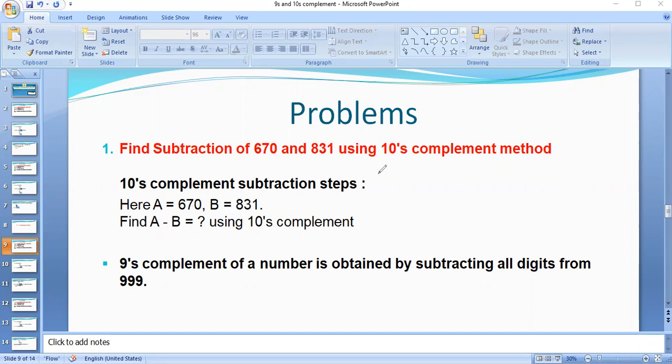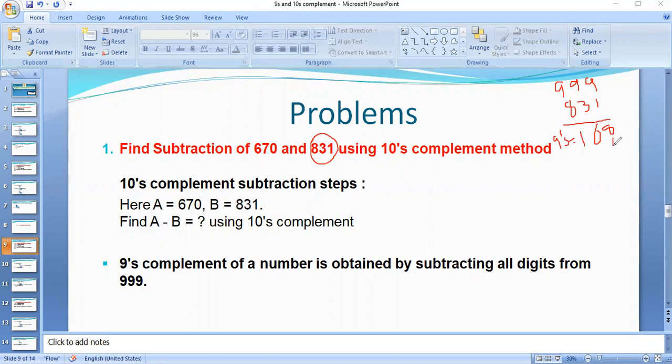In the first step, we have to find the 10's complement of the subtrahend. First I'm finding the 9's complement, which means we subtract each digit from 9. 9 minus 1, 8. 9 minus 3, 6. 9 minus 8, 1. So this is the 9's complement result.